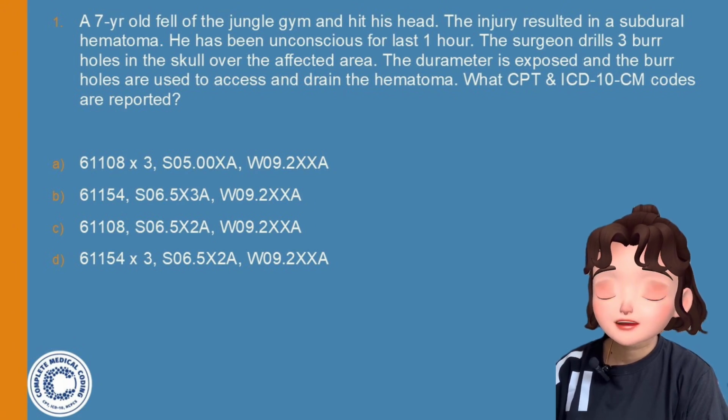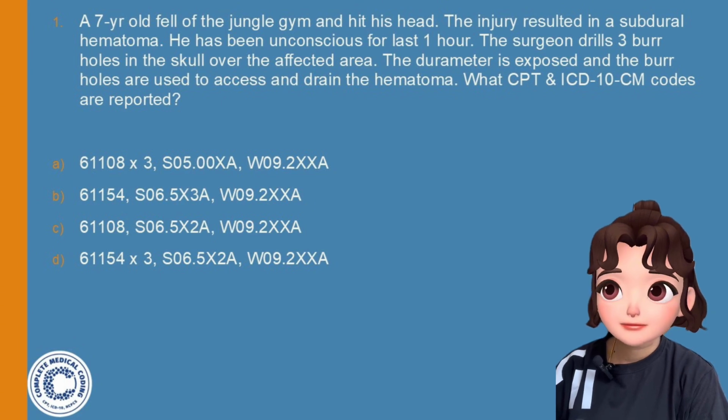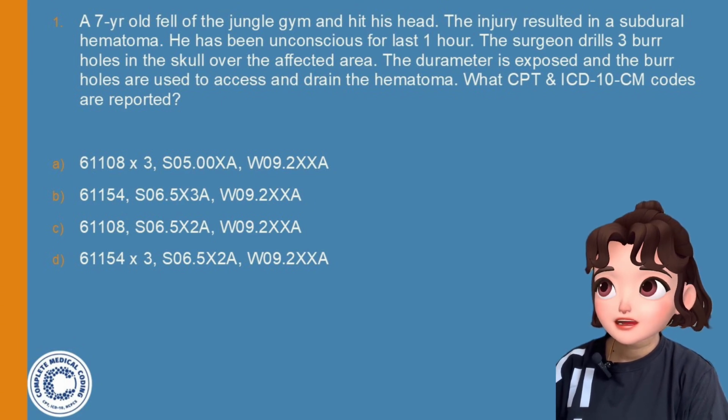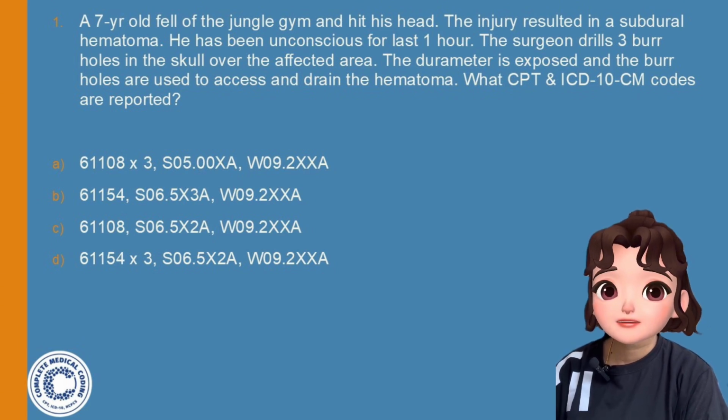So here the patient is a 7-year-old boy who fell off the jungle gym and hit his head, and he is having subdural bleeding, hematoma, and he has been unconscious for 1 hour. And what is the procedure done here? Burr hole.